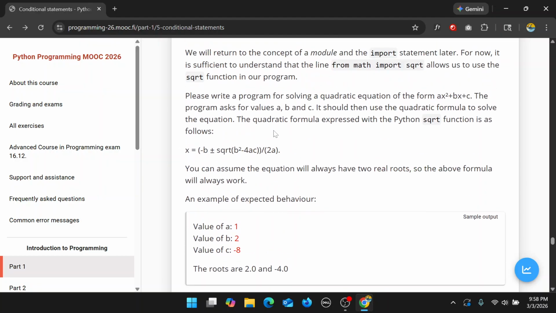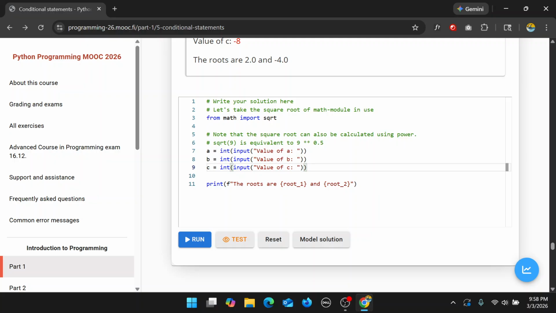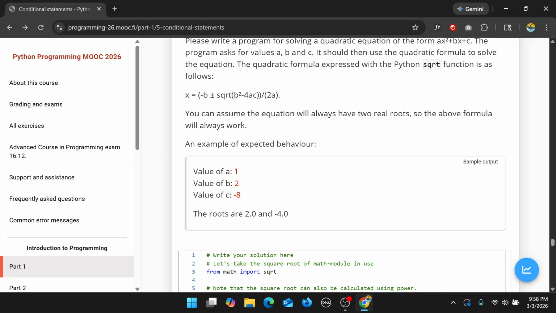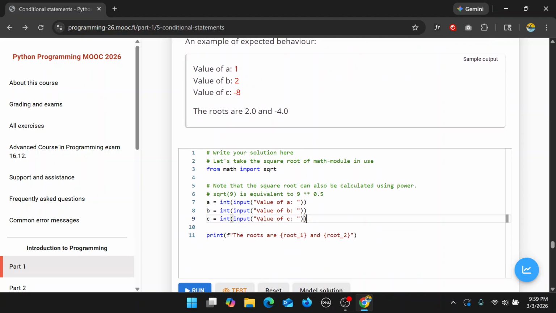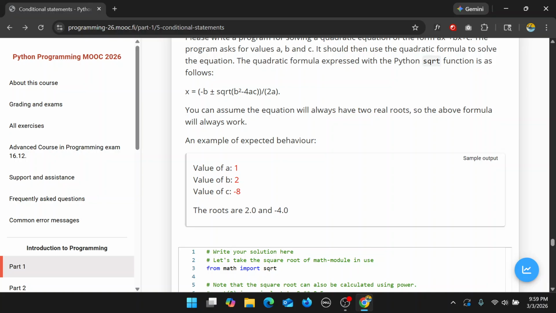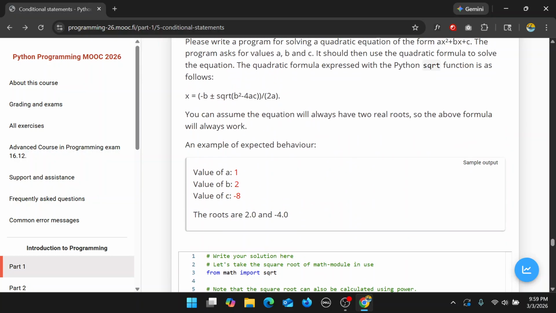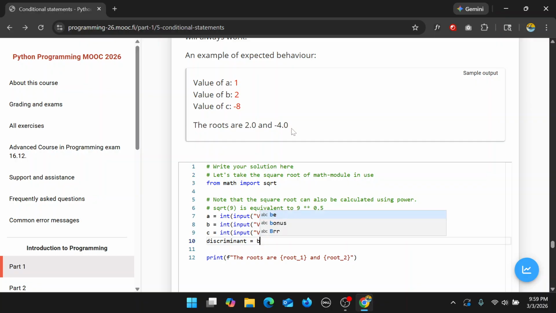So if you remember from math class, this here is called the discriminant. So we can just break this whole formula down into little sections, particularly this area, because I think it's kind of annoying to look at it this way. So we can just do discriminant is equal to b, like that.